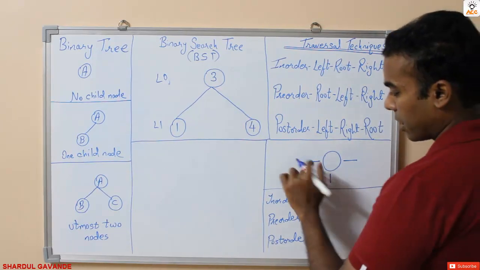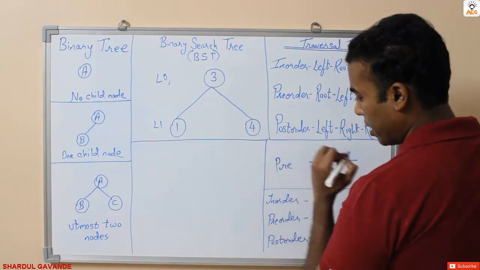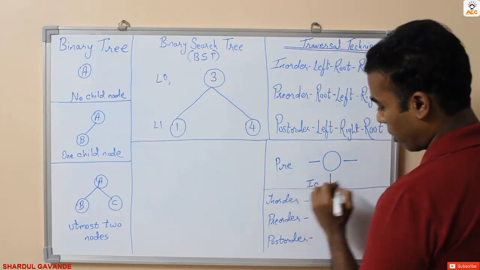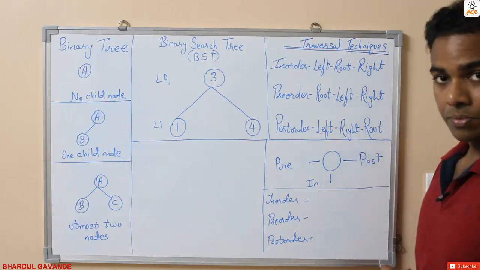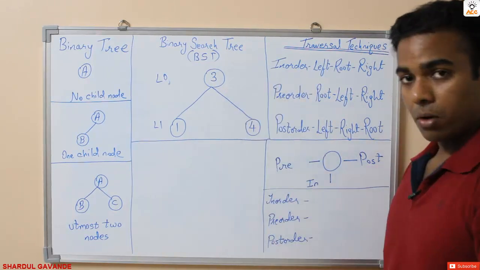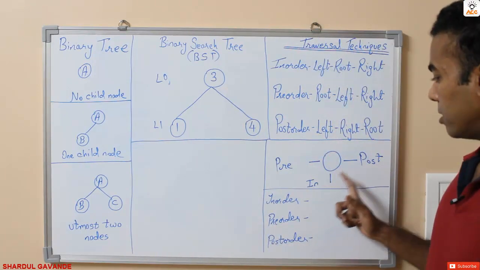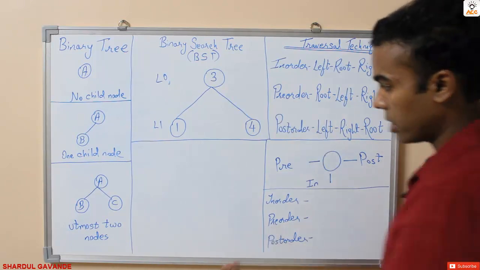The left side of my node would be the pre-order, the bottom part would be my in-order, and the rightmost part would be my post-order. Whenever you get a tree diagram in your exam, you first have to mark these points on your nodes. So let us do it over here.